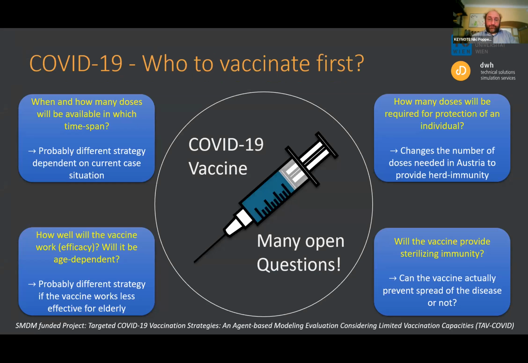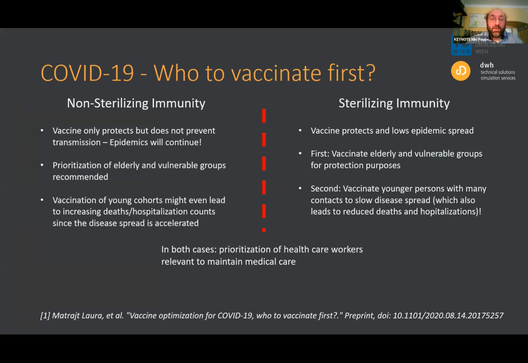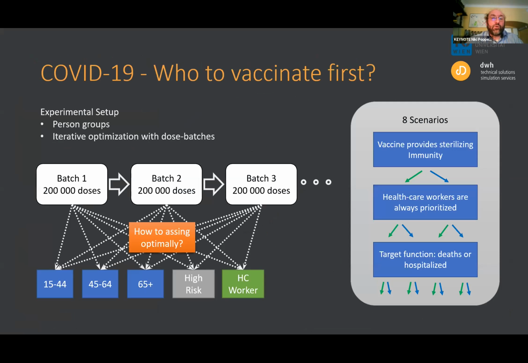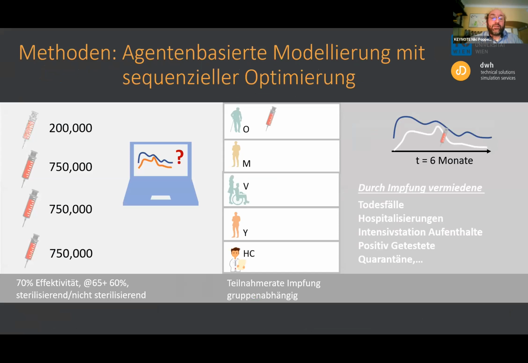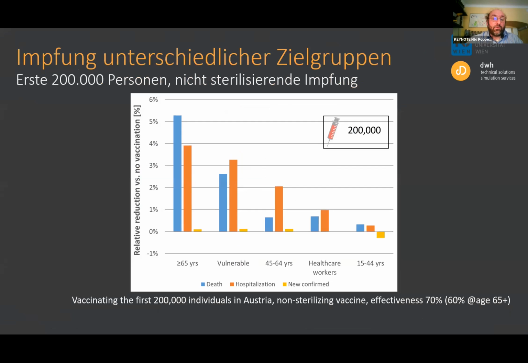One last example, and I will come to an end, is actually we're working on the vaccination strategies. So who should be vaccinated first, based on the different features of the vaccination, for example, the effectiveness for elderly persons and so on. As one example of our projects, we did this and tested various strategies for the vaccination, and we published it as a report at the beginning of last week, where we have the batches of the vaccination.